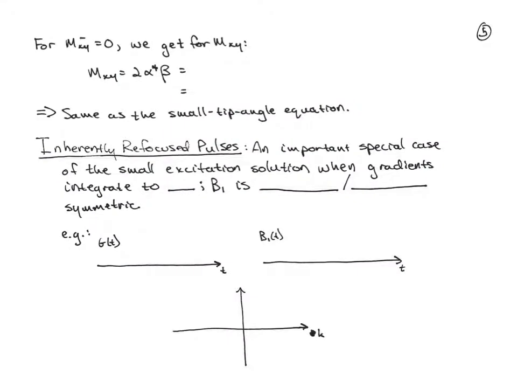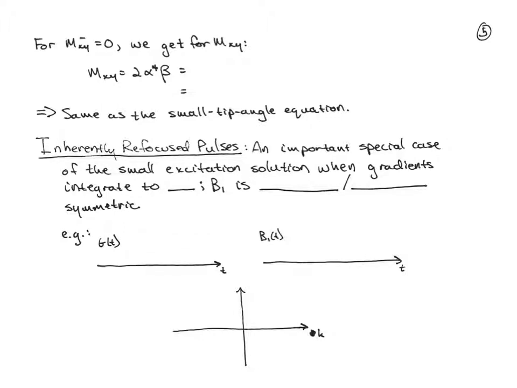So as a sanity check, we can see whether we can recover the small tip approximation from this. Recall that Mxy, if all the magnetization is initially along z, then Mxy after an RF pulse is 2 alpha conjugate beta.